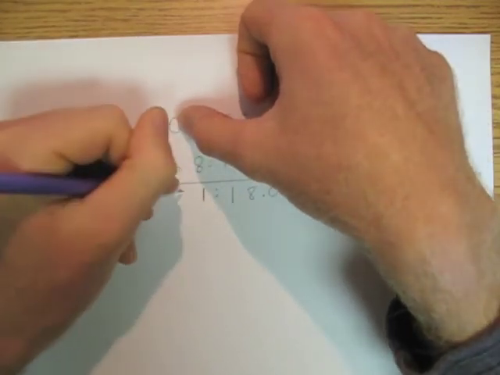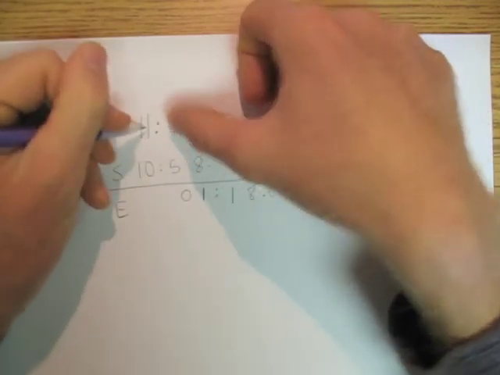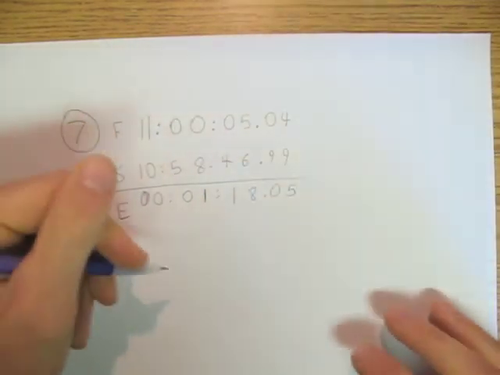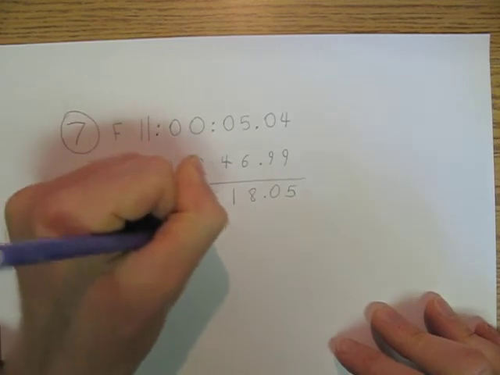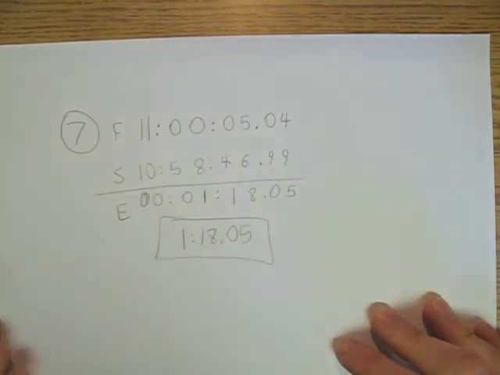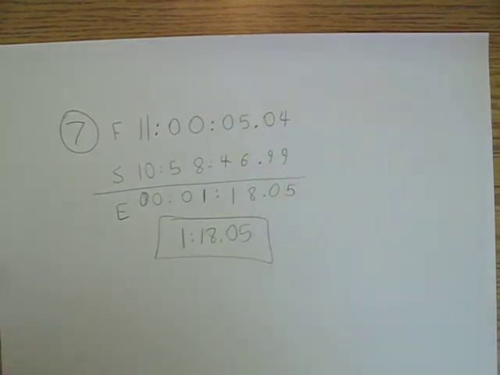And then that's a 5, so that's a 0. And then that's a 0, and that's a 0. So 1:18:05 is the elapsed time for bib 7. Okay, so there's time of day calculations. You've got to be good at these, you've got to be fast at these.